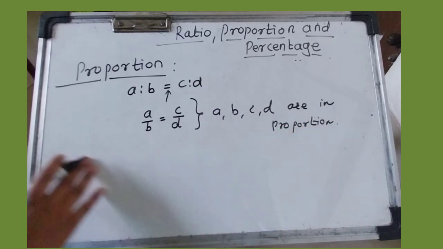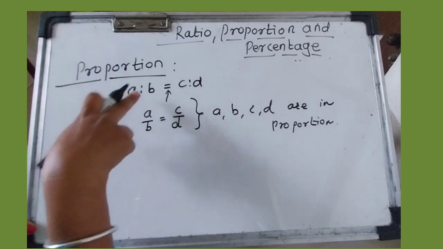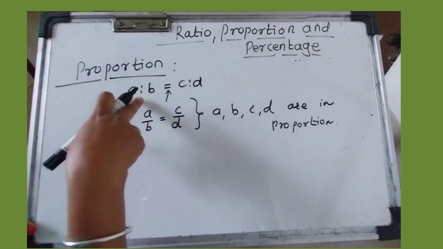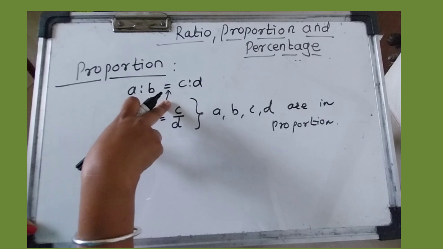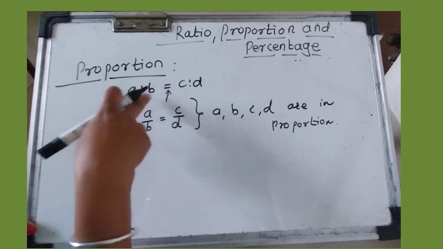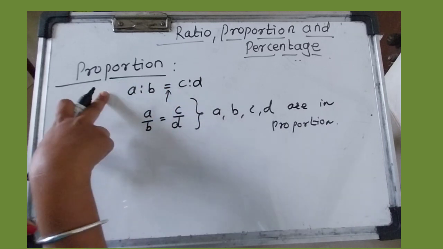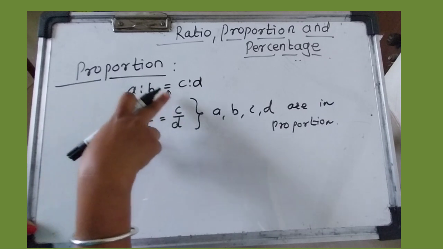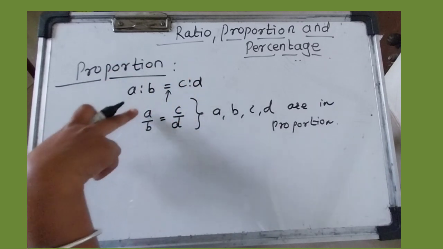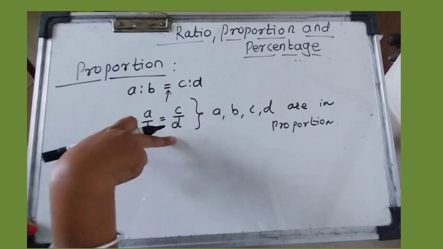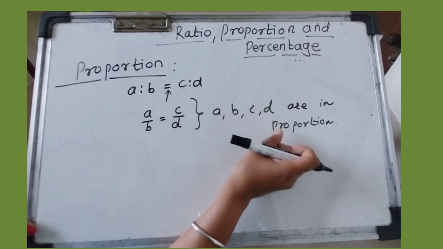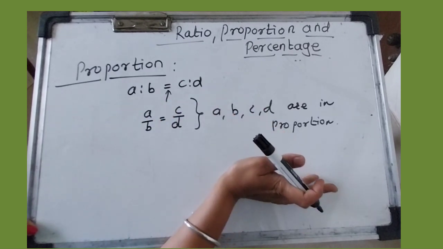If we connect two ratios by an equality sign, we get the proportion. So A is to B equal to C is to D. I write it as A upon B equal to C upon D. So A, B, C, D are in the proportion.